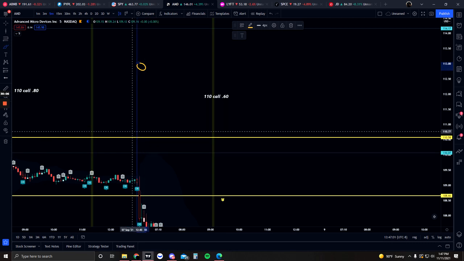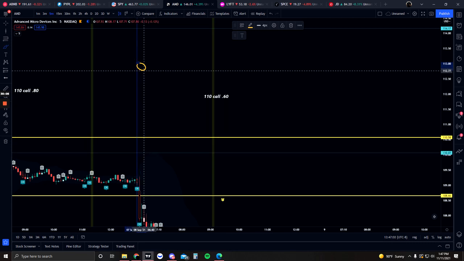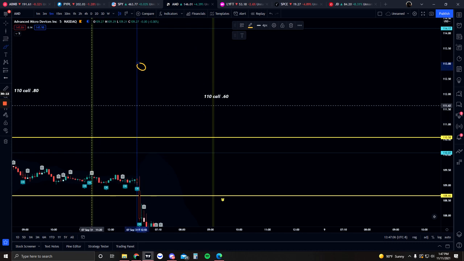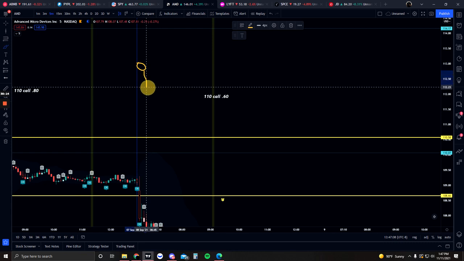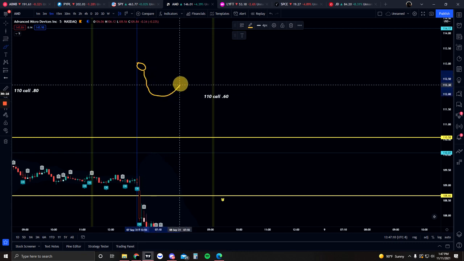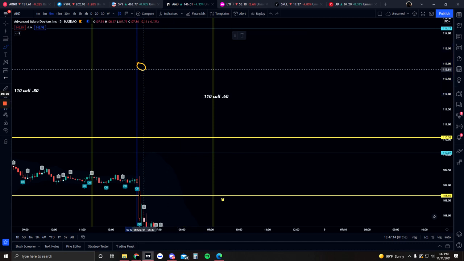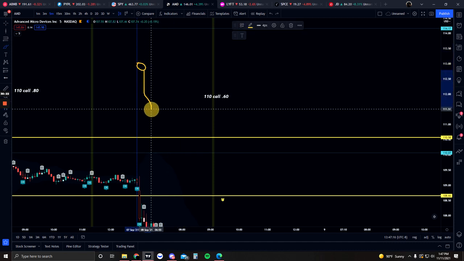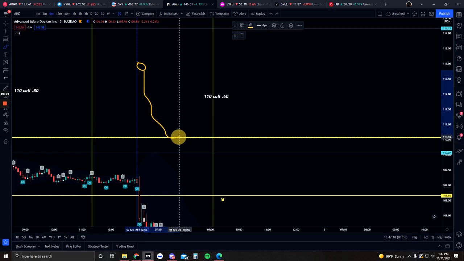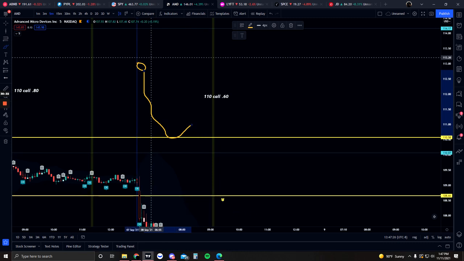Well, usually when there's a gap up, there's some sort of retracement, because there's not that much support here. So sometimes it comes down. Now, if it comes down and it's a shallow retracement, you're not touching that. But if it comes down and touches it, and now you're starting to see it come back up, you can take the call there. But only play around your triggers. If it's too far from your triggers, you're not doing it.